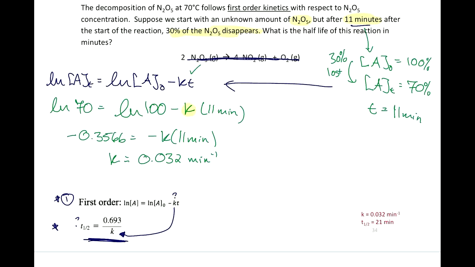Not yet. This is our rate constant, and if I tell you a reaction has a rate constant of 0.032 minute inverse, do you know how fast that reaction is? I don't, personally.